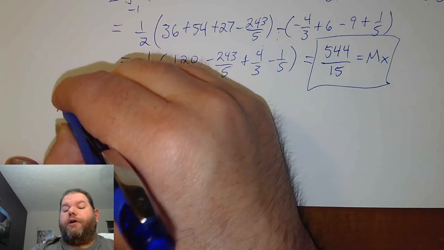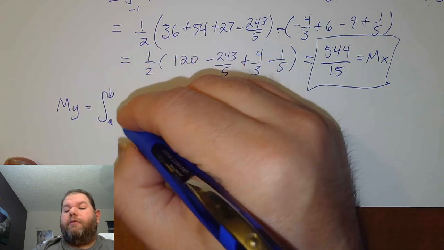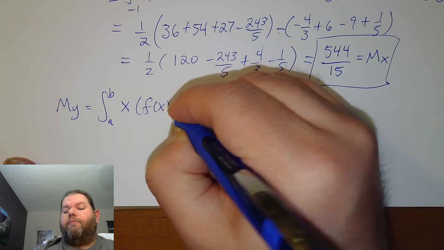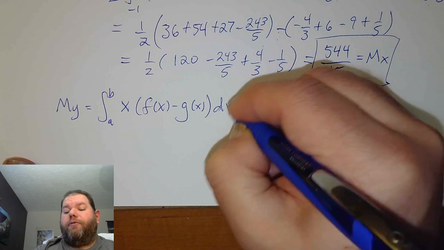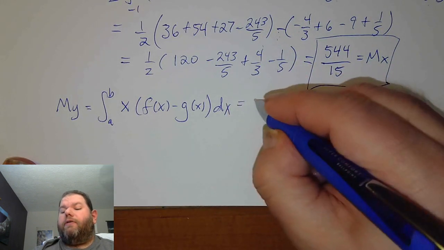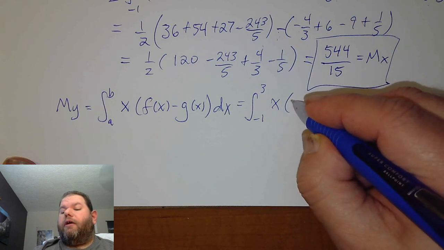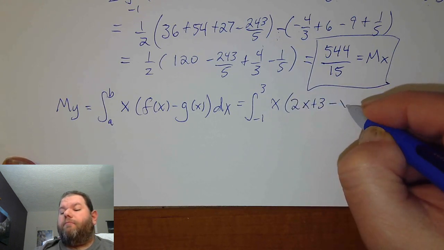Lastly, we need my, which, again, our formula is a to b, and we end up with x times f of x minus g of x. That's our general formula. And so integral negative 1 to 3 of x, f of x is 2x plus 3, g of x is x squared.